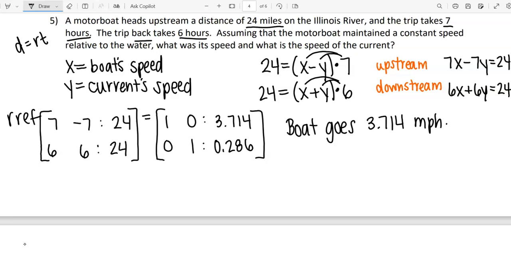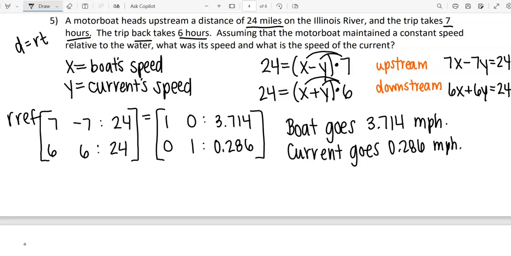And then next one. 0.286 what? For what? Nope. The current. So current goes 0.286 miles per hour.